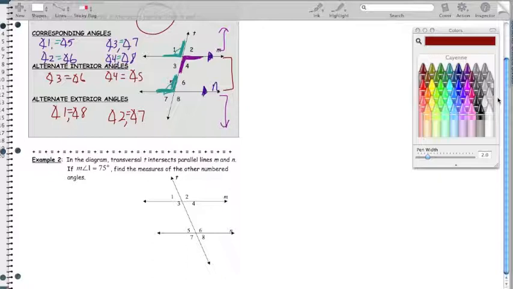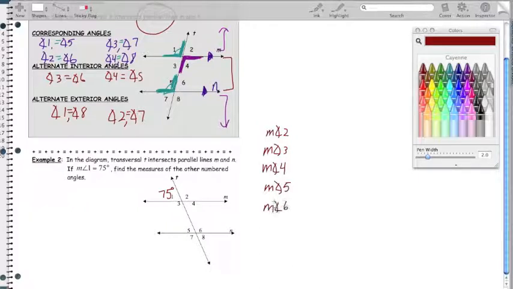So let's take a look at example 2. In the diagram, transversal T intersects parallel lines M and N. If the measure of angle 1 is 75 degrees, find the measures of the other numbered angles. So we're going to find the measure of angle 2, the measure of angle 3, the measure of angle 4, all the way down to the measure of angle 8.